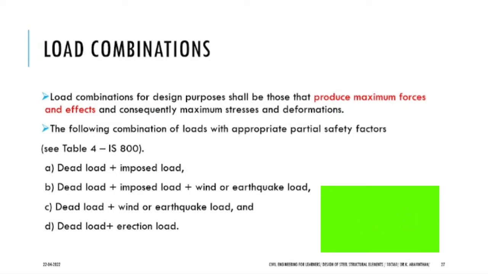Because they are designing as per the limit state. The limit state code says that you should not exceed the deflection limit; take an example of 10 mm, which is not allowed for any structure. What is 10 mm? It is 1 centimeter, which is very small.